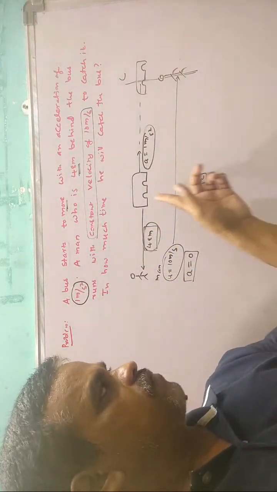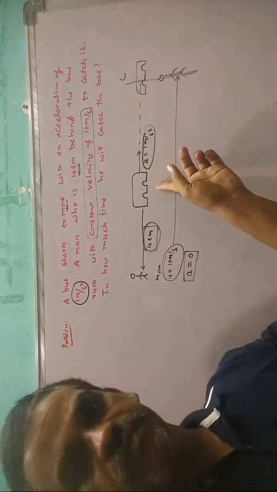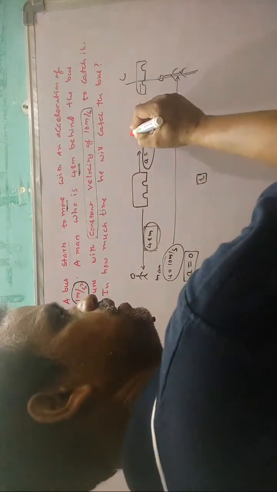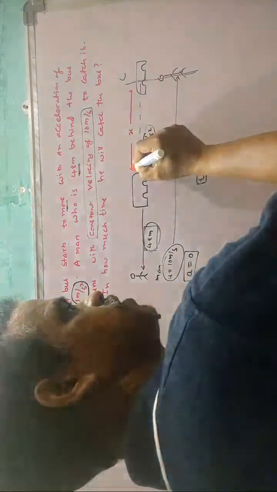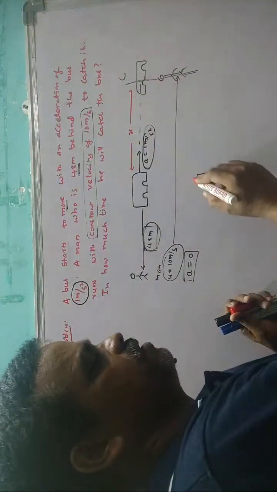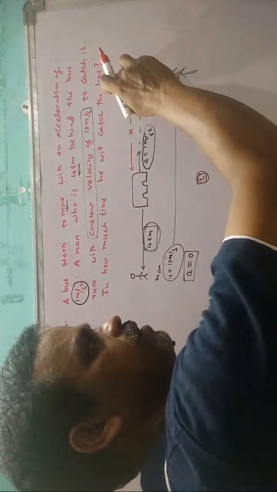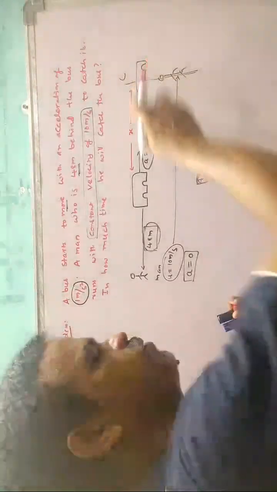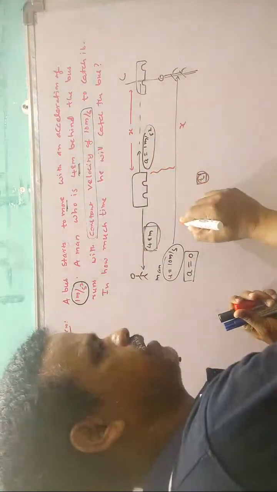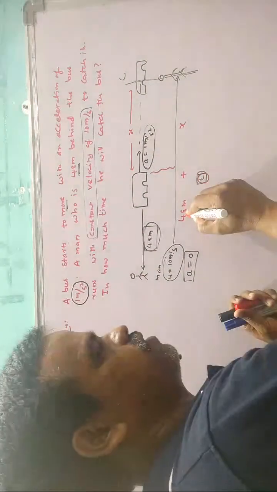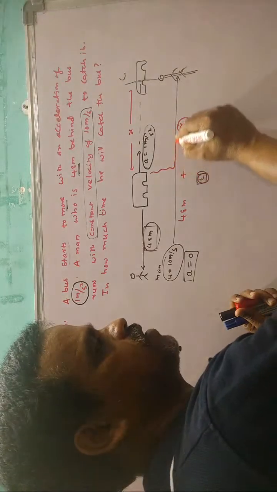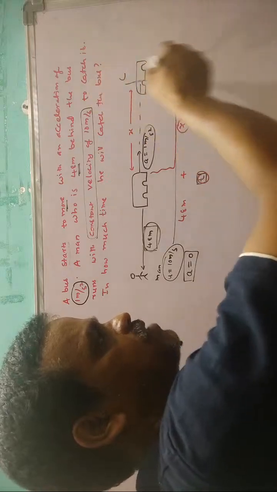After time t, the bus will move some displacement x and reach point C. In that time the man has to move that distance. So the distance is 48 meter plus x, the bus travel distance. He has to travel 48 plus x meter to catch the bus.